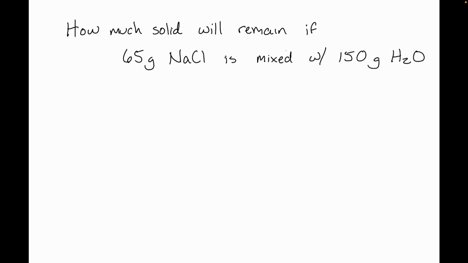How are we going to do that? It's going to look a lot like the stoichiometry that you would have learned last semester. First of all, I can express my solubility as this ratio or fraction, 40 grams of NaCl per 100 grams H2O. Now if I have 150 grams, I've got to figure out what that new threshold is.